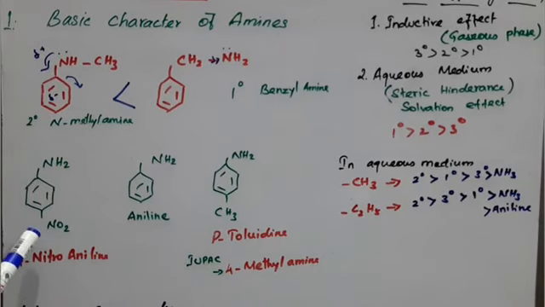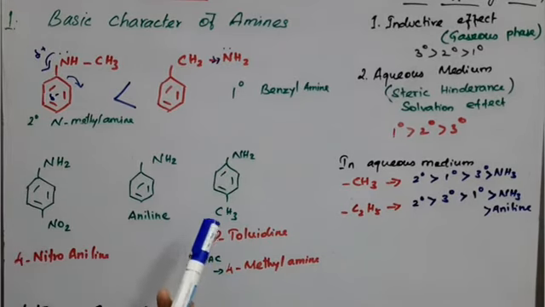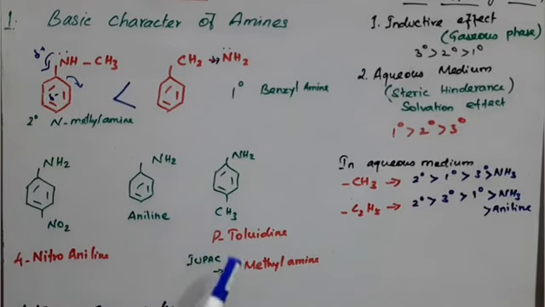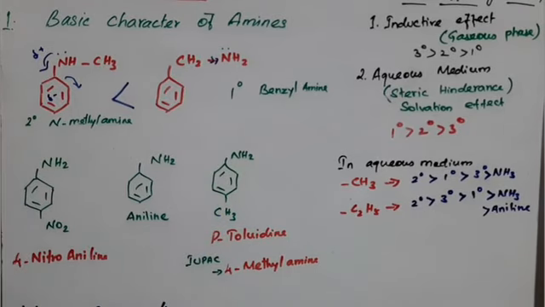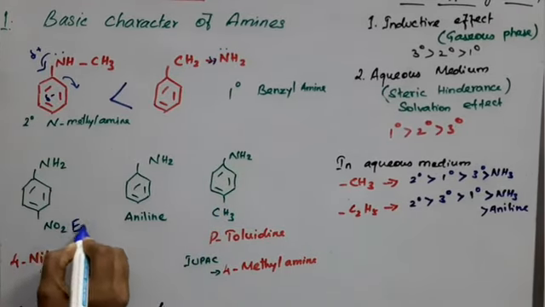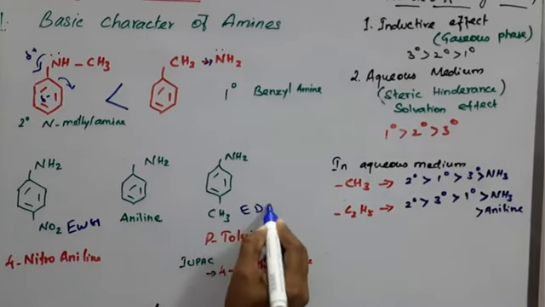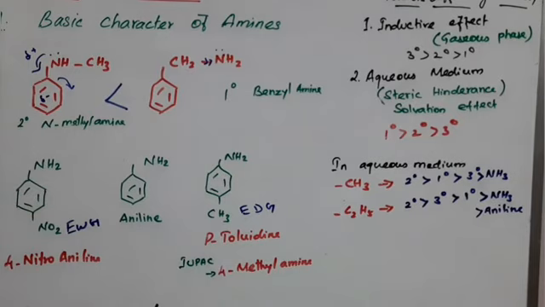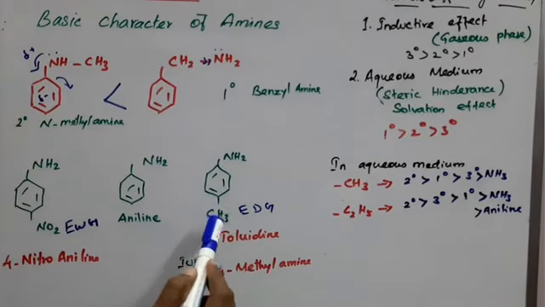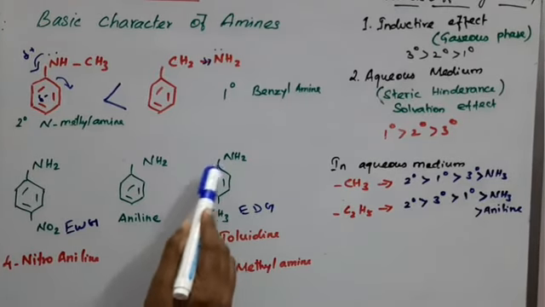Immediately you can see whether an electron donating group is present or not. Here you see this is an electron withdrawing group. Here you see EDG, electron donating group. We know that an electron donating group increases the stability.